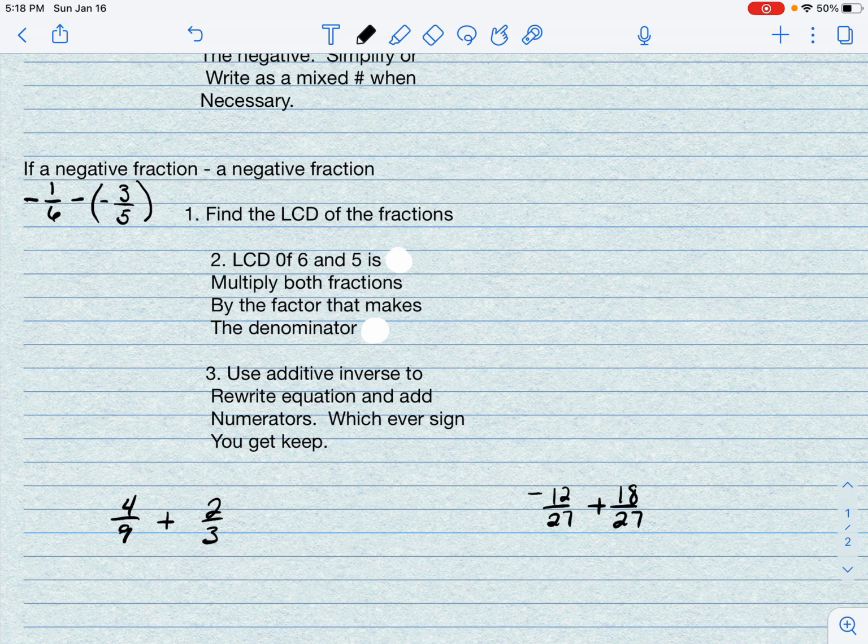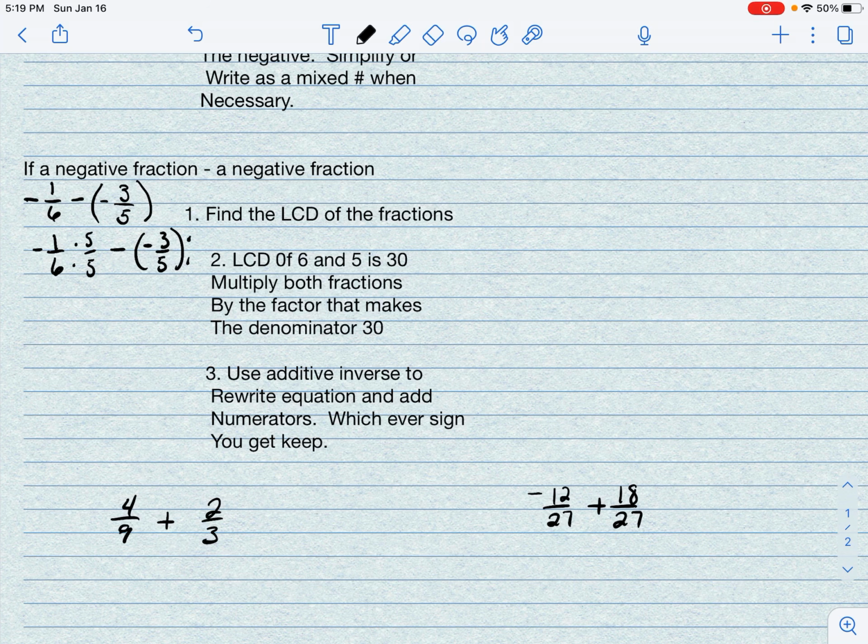Okay, now if we have a negative fraction minus a negative fraction, once again, same thing, find the least common denominator. The least common denominator of 6 and 5 is 30. So this is times 5. And this one's going to be a negative 3/5.